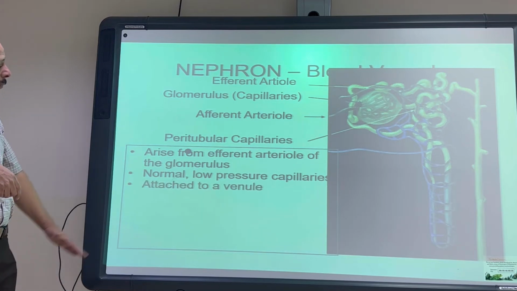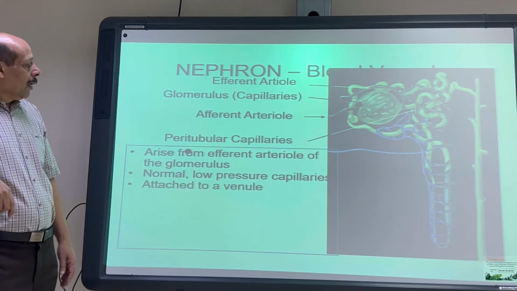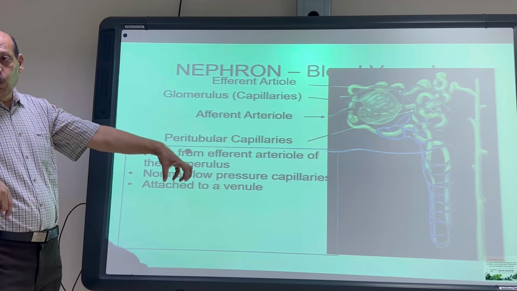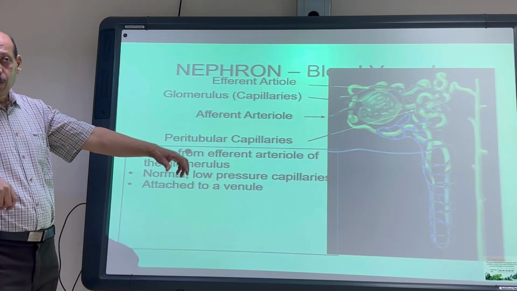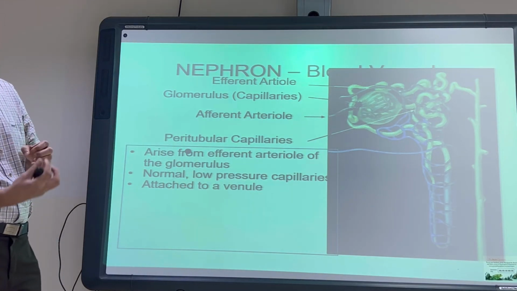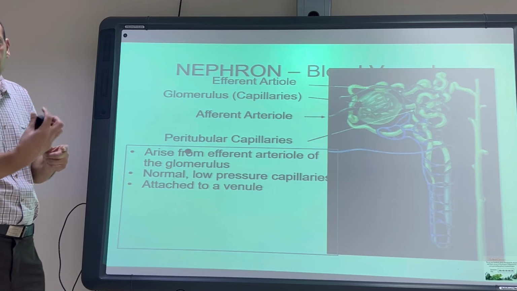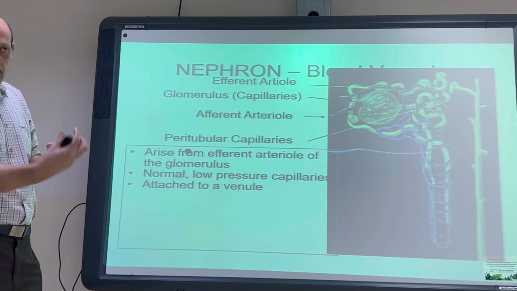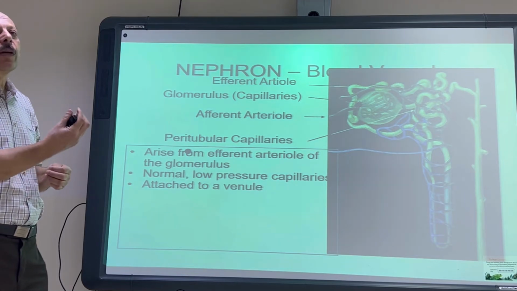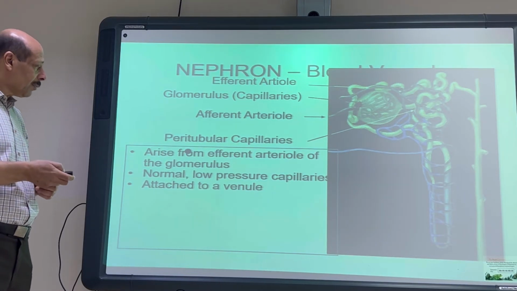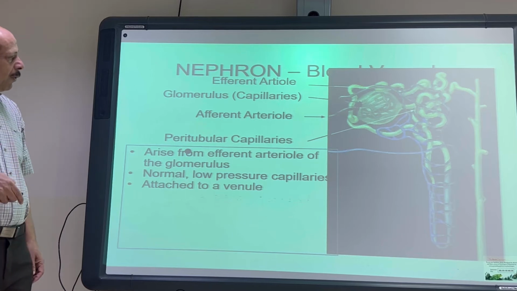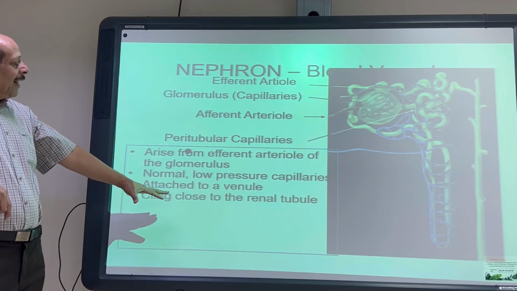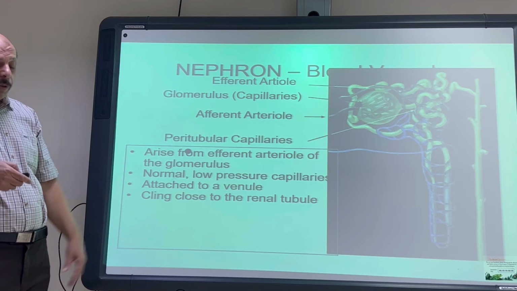So it is attached to the venules. So the blood pressure will go down in order, because the blood pressure in the vein is low. So the pressure is starting to come down in the venous side, close to the renal tubules.